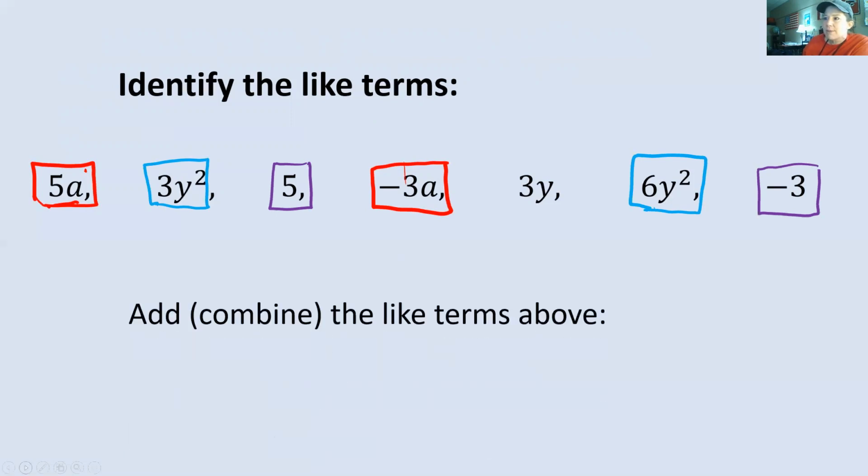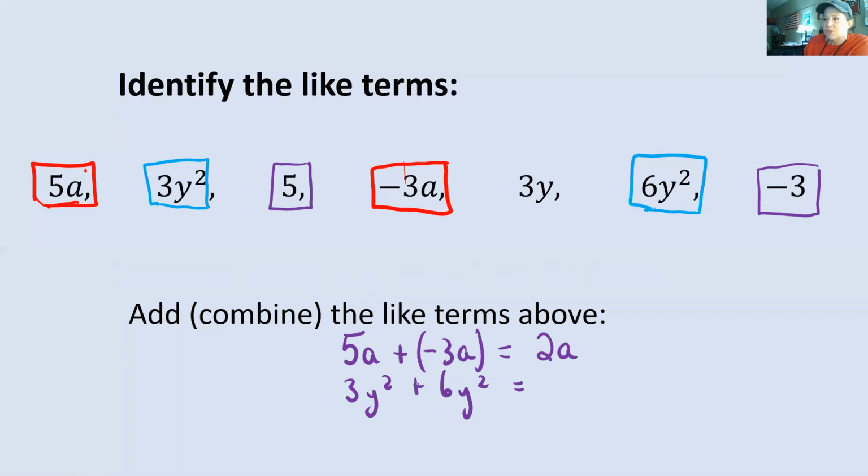Then it says to combine or add these like terms. If I have 5a and I want to combine it with negative 3a, I'm simply going to add or subtract those coefficients. So 5 minus 3 is 2, and a is part of my answer. Then we have 3y squared plus 6y squared. The y squared just means they're alike.